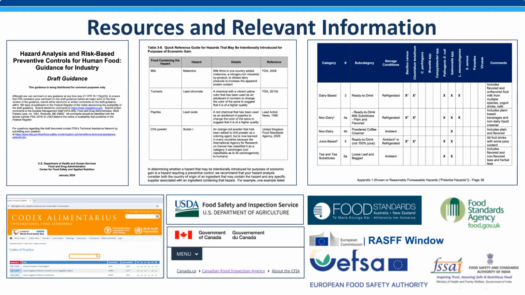Codex itself has plenty of specific guidelines for different products and codes of practices. Government food safety websites and publications, so USDA, food standards in Australia, New Zealand, EFSA, food safety standards agencies in Canada, UK, India, etc. There might also be industry guidance and trade associations or member organizations, or you might also have existing HACCP plans.